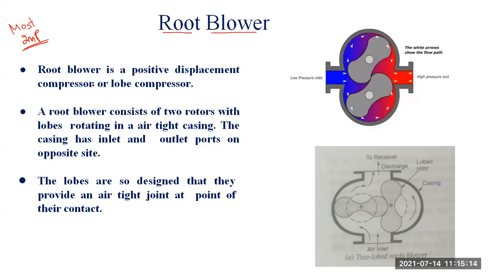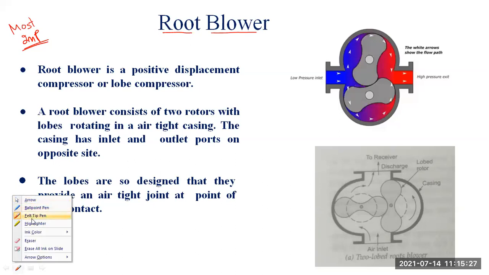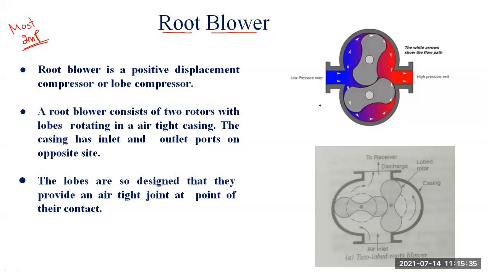Root blower compressor is a positive displacement compressor or lobe compressor. This is also called a positive displacement compressor or lobe compressor.